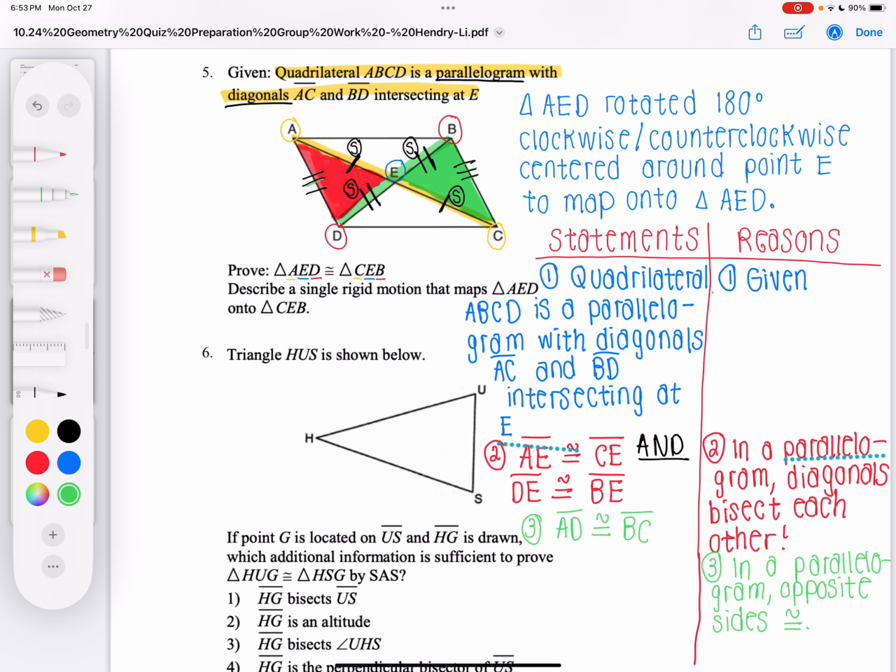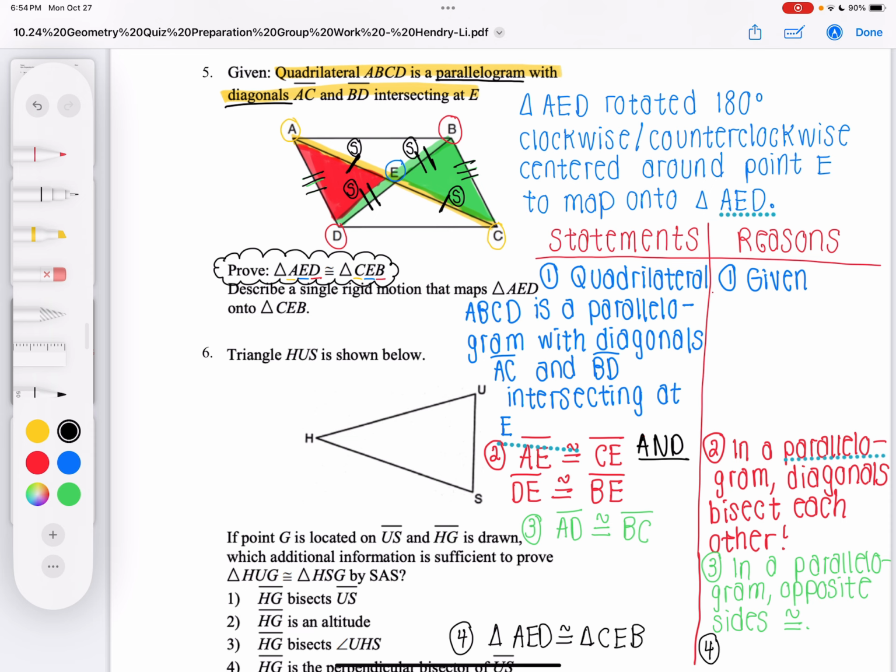And now we have all 3 corresponding sides being congruent to one another. We can write our 4th and final statement. The 4th and final statement comes from the proof statement. Since we want to prove that triangle AED is congruent to triangle CEB, we will write triangle AED is congruent to triangle CEB.